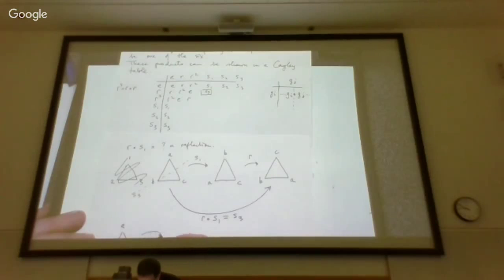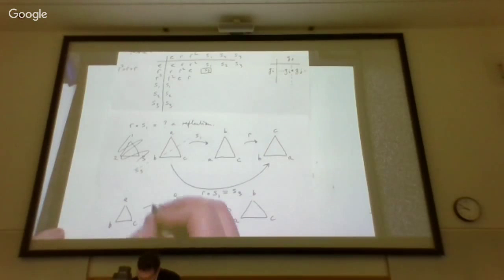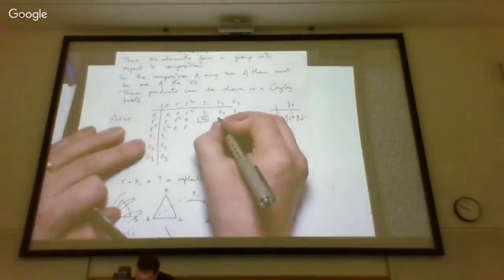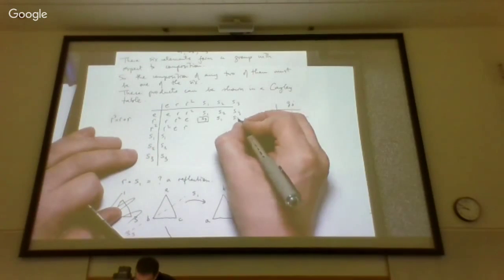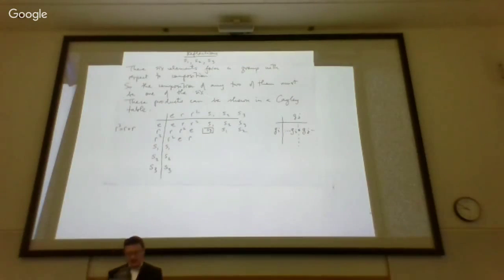S2 sends this to A, C, B, and then R sends it to A, C, B. So this is R after S2, and yeah, it is S1. That'll be S1 and S2. Okay, so an exercise for you in the meantime then is to complete the table.